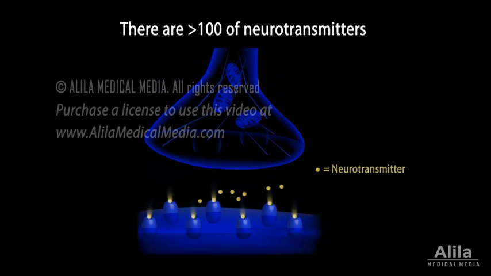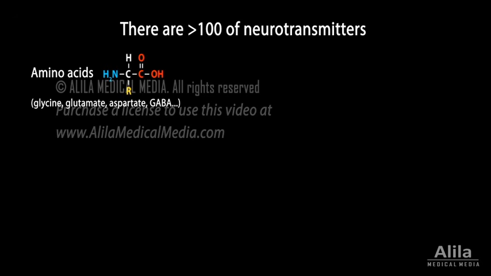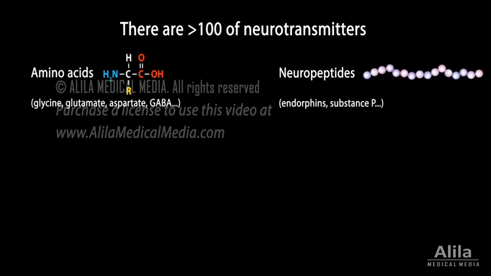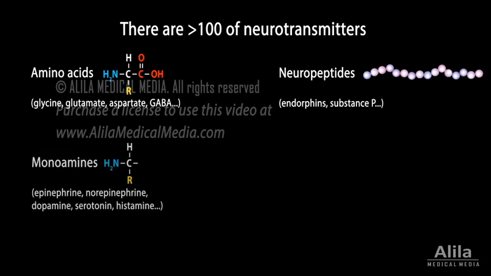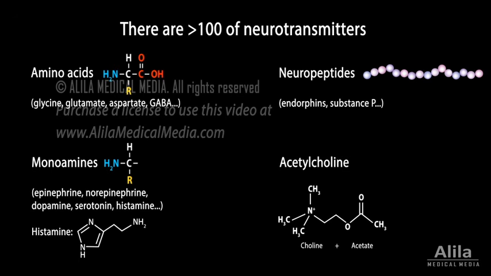Major classes include amino acids, such as glycine, glutamate, aspartate, and GABA; small peptides called neuropeptides, such as beta-endorphin and substance P; monoamines, such as epinephrine, norepinephrine, dopamine, serotonin, and histamine. Monoamines are basically amino acids with the acid group removed. And acetylcholine, an ester of choline, in its own class by itself.